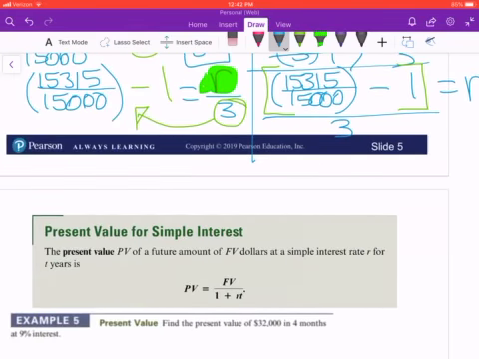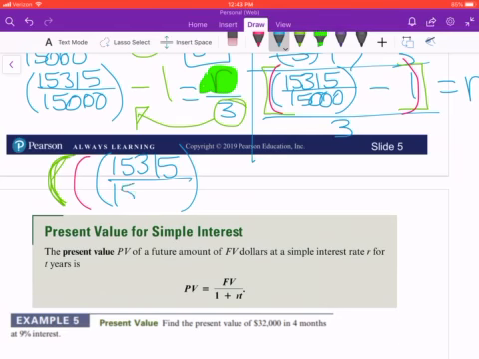So you will enter a parentheses to take the place of the bracket. Then you have to enter a parentheses to enclose the numerator. And then you have to enter a parentheses just for our fraction, 15,315 divided by 15,000.